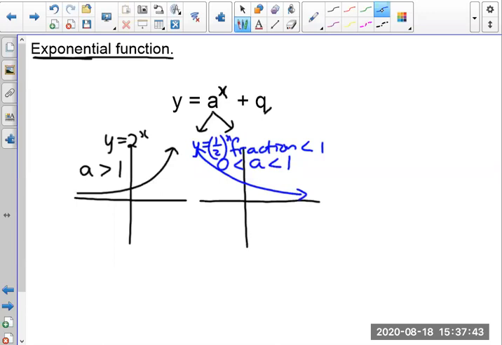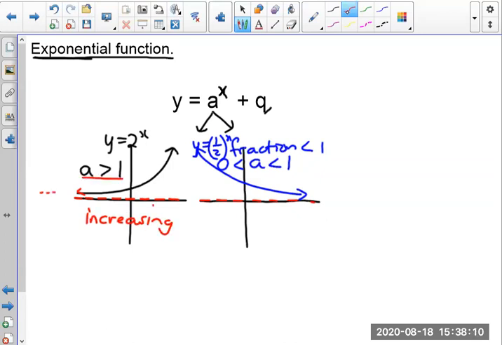Now for the mother graphs, the x-axis is also an asymptote. Graph is coming from minus infinity to positive infinity. It's increasing if a is bigger than 1.